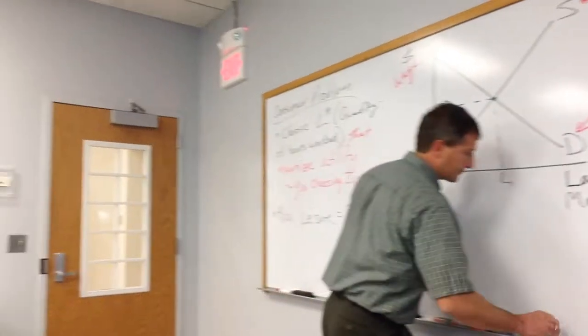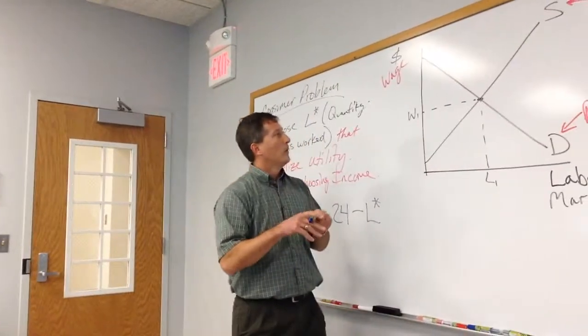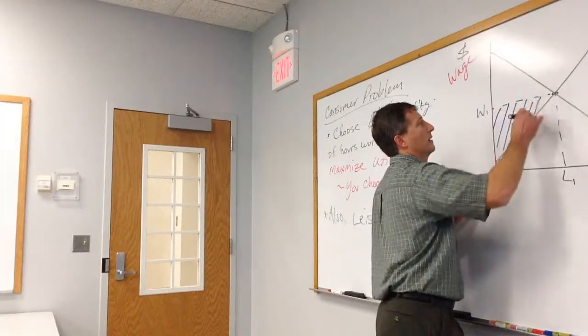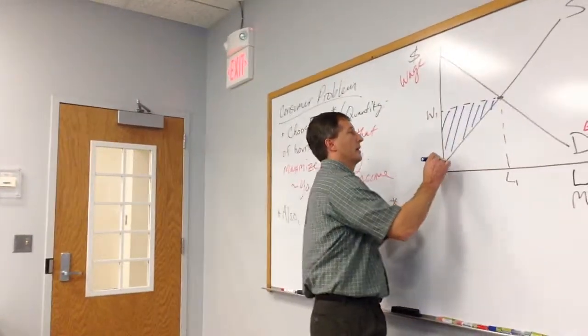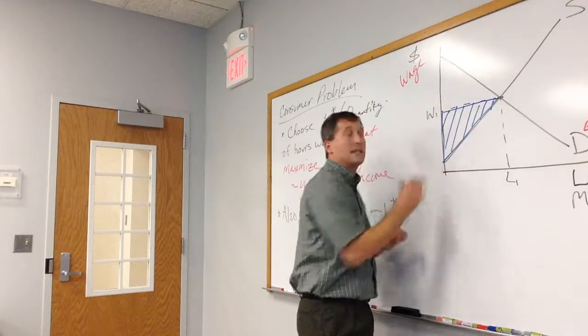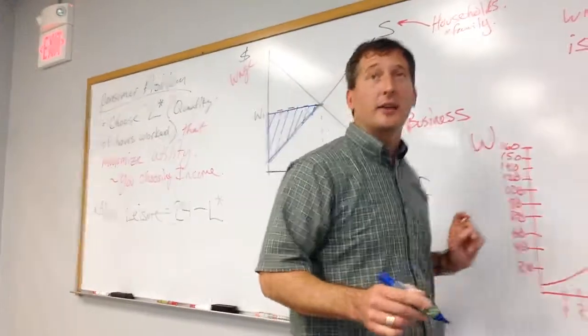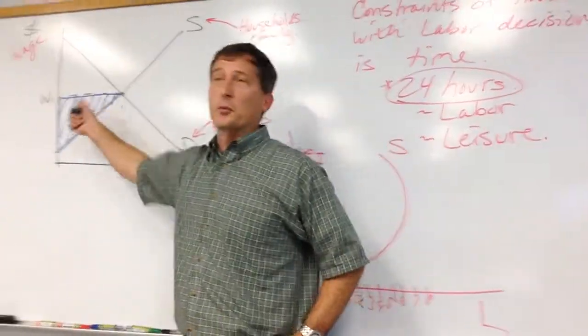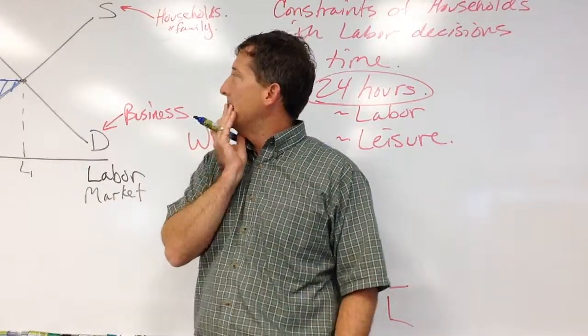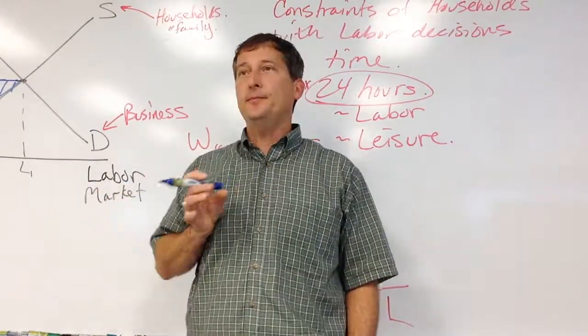Now, what is this area? What was that area when we were measuring pizza down here? Producer surplus. Good. So we got kind of a similar concept going here, except we're in the labor market.